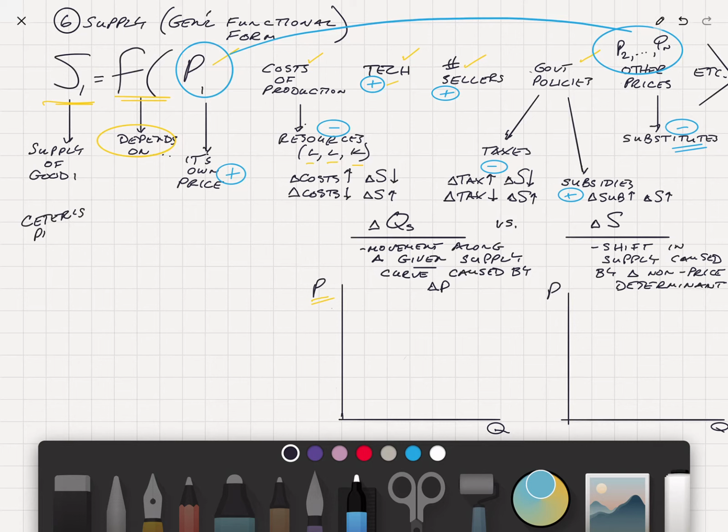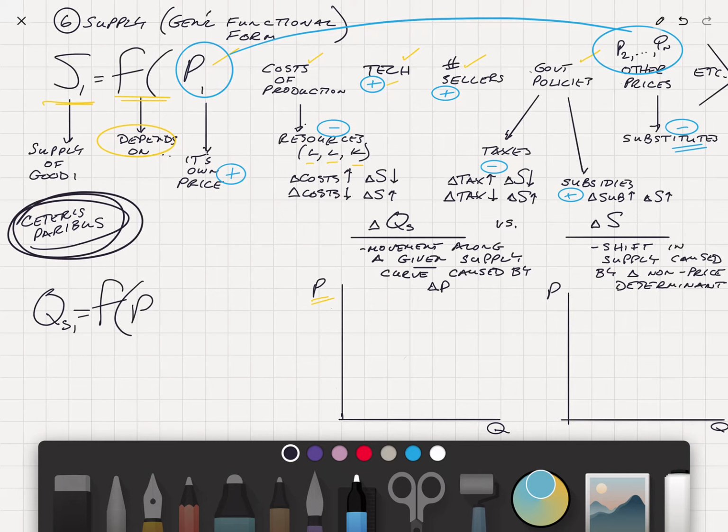ceteris paribus. And when we say ceteris paribus, it transforms this general functional form into the quantity supplied of good one is a function of its own price, the most important determinant of supply, dot, dot, dot, and other things too.